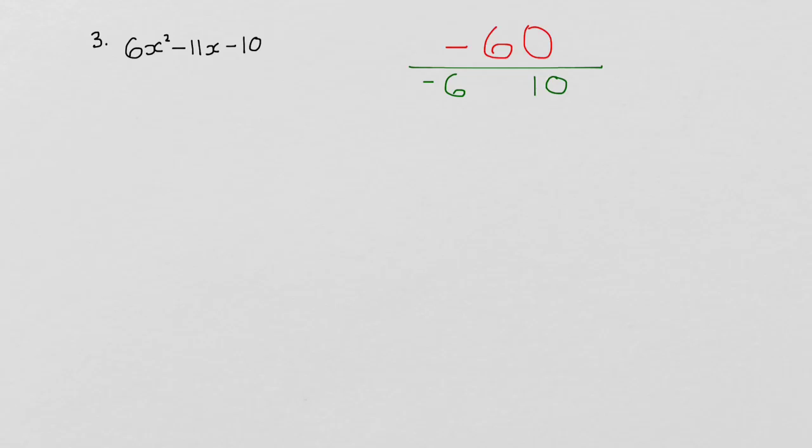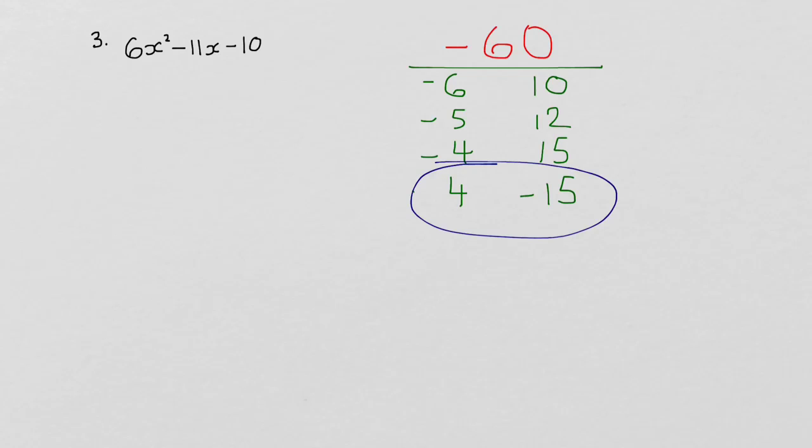What about negative 5 and 12? That's no good, that doesn't give us negative 11. What about negative 4 and 15? Negative 4 add 15 is going to give us positive 11, so maybe try turning them around. Let's try positive 4 and negative 15. That will give us negative 11, so we want to use that one there.